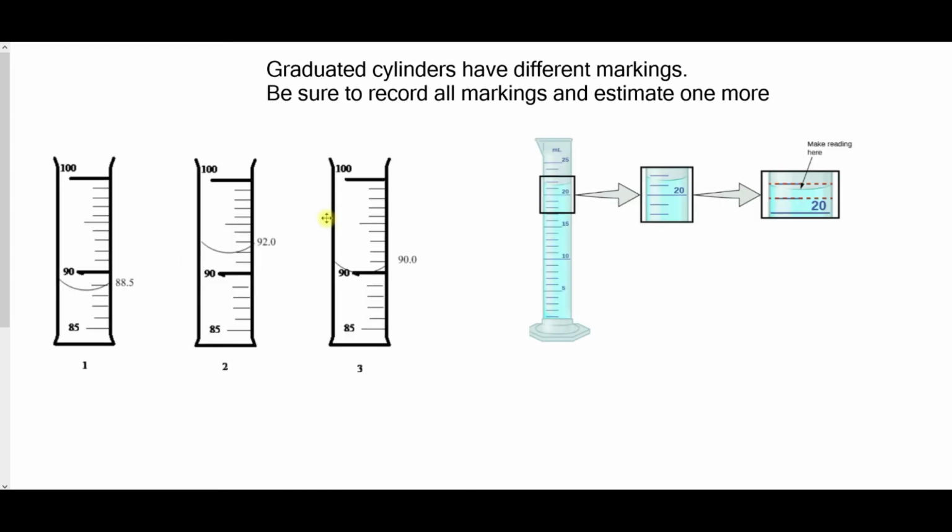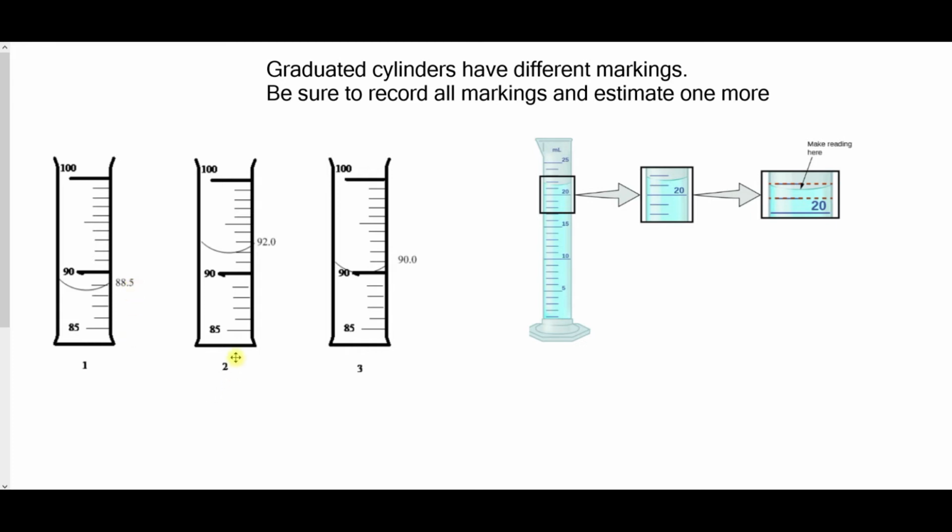Graduated cylinders have different markings, so make sure you're looking at what you have and just don't assume. So if we look at this graduated cylinder, we have in the tens we have 80, and then we go up by 1, so we know we're at 88, and here it is halfway between, so we add in the tenths place we have the 5.